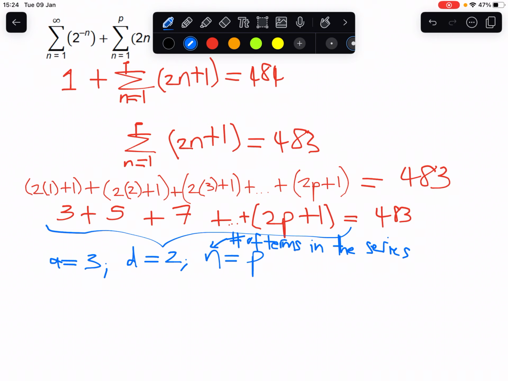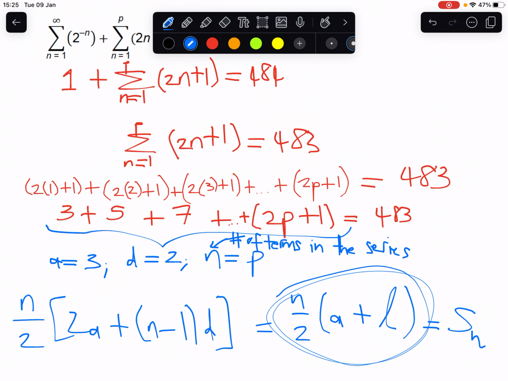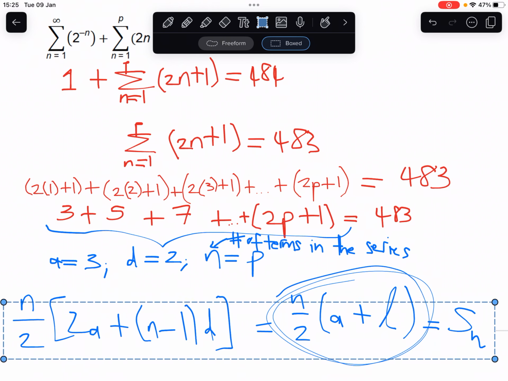So we have a choice between n over 2 times 2a plus n minus 1 times d, which is the same as n over 2 times the first term plus the last term in the series. That gives us the sum of the first n terms. So obviously this one is more appealing, it just looks simpler. So let's use that.